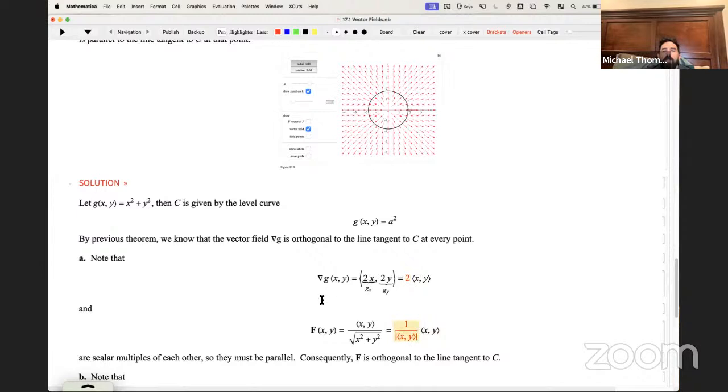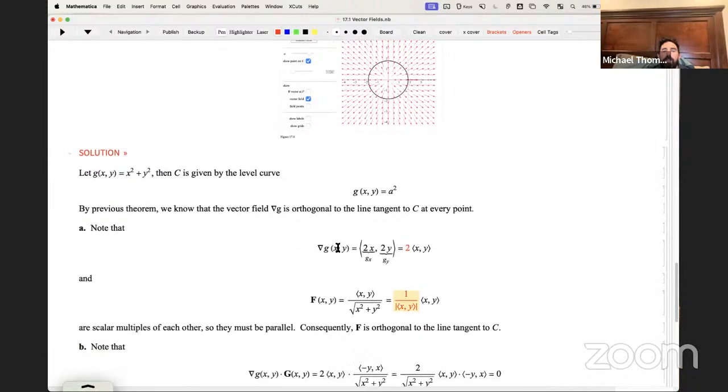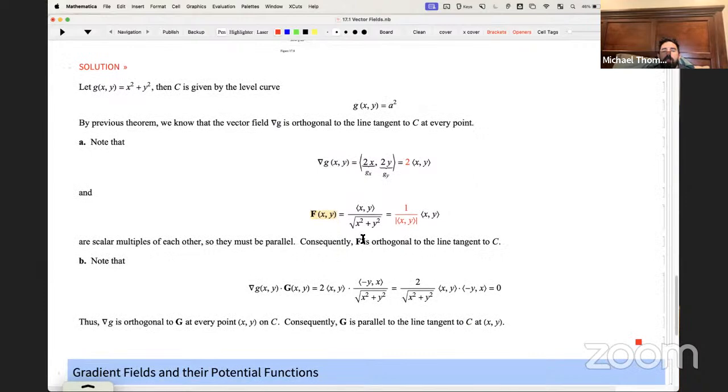The only difference between these vectors is the scalars, essentially how long they are. So that means these two vectors must be parallel to each other. So the gradient of G and F must be parallel. So what does that mean? That means F is orthogonal to the line tangent to C. Okay, you might want to read through that argument a couple times, but that's the idea.